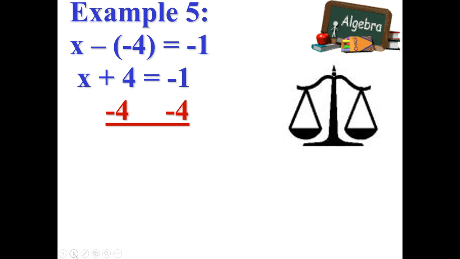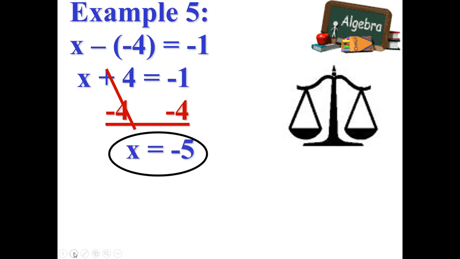Now we have canceled out our 4, so we've isolated our variable on one side of the equation, which is always our goal. On this side, we're going to add these numbers together. A negative plus a negative gives us a negative, and we just add as usual and keep that negative sign. So x is going to be -5.